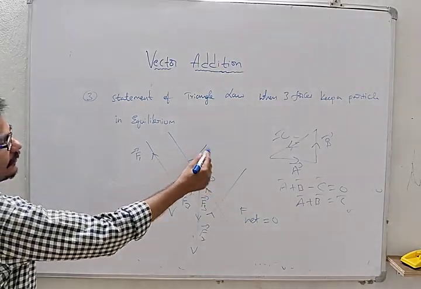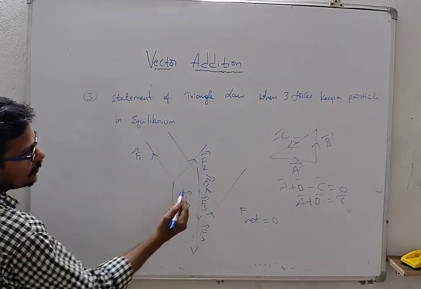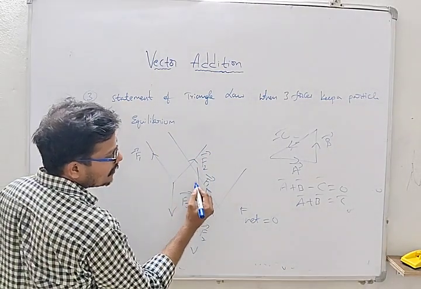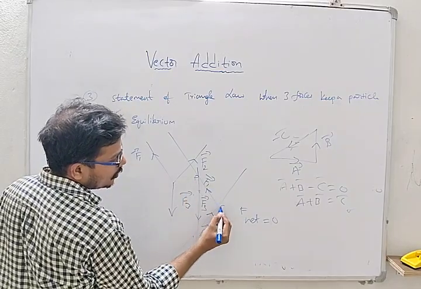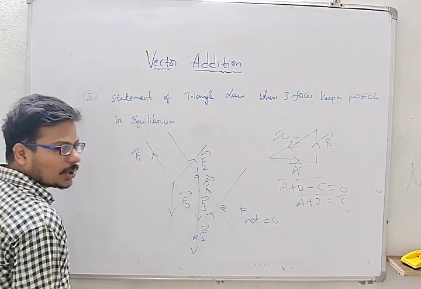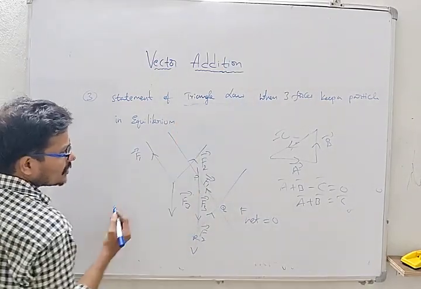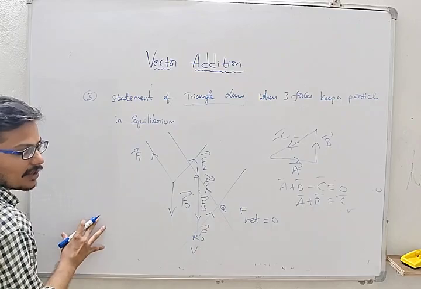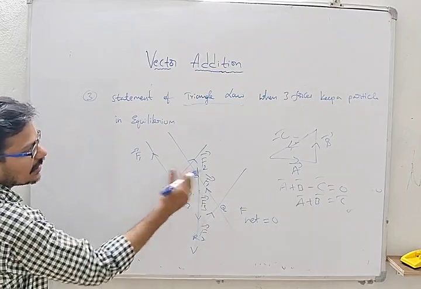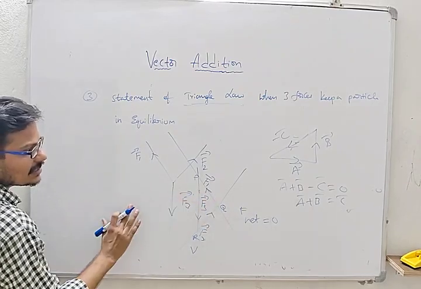So for finding the conclusion here, giving some names here, P, Q, R. For the triangular statement, the ratios of all the forces and the related sides are the same.